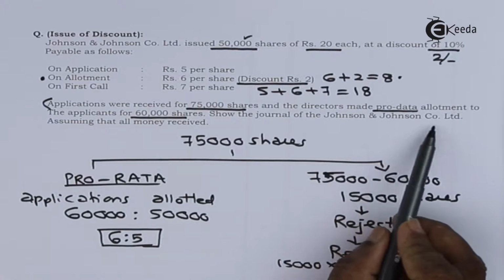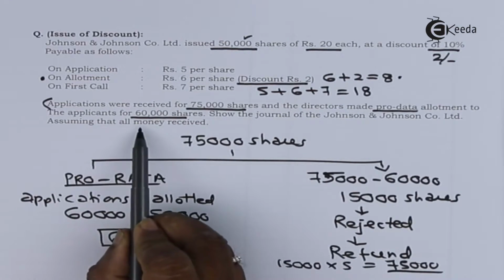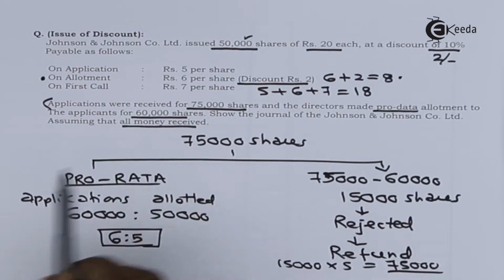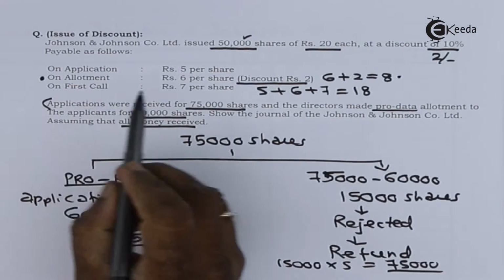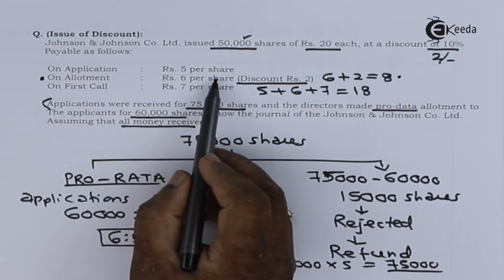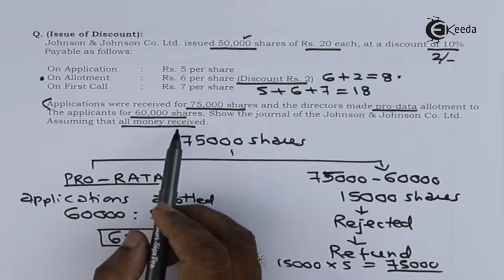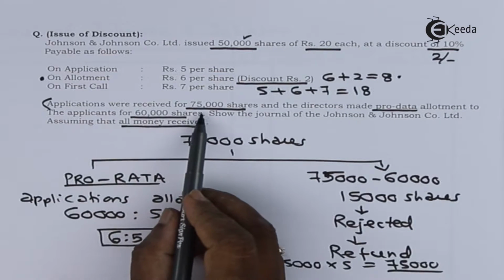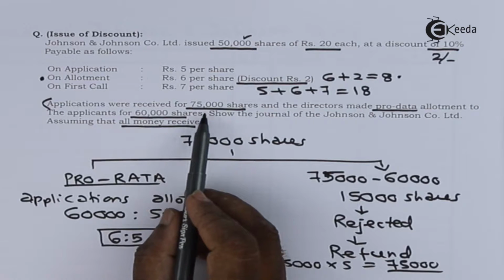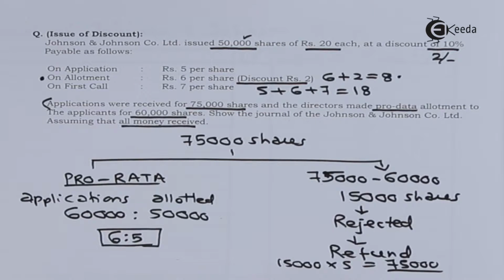Show journal entries of Johnson and Johnson Company Limited, assuming that all money received. First, we are required to record application amount received. This is the first stage called as application stage. In all, we have received application for 75,000 shares. Amount is received by company, so bank account will be debited and equity share application account will be credited.